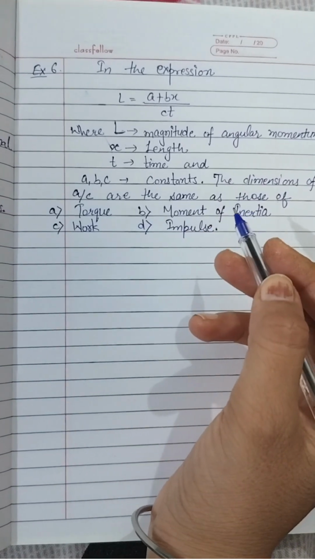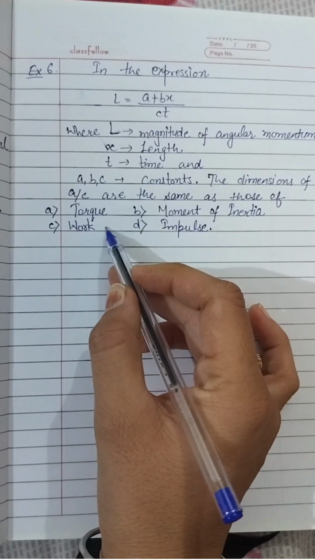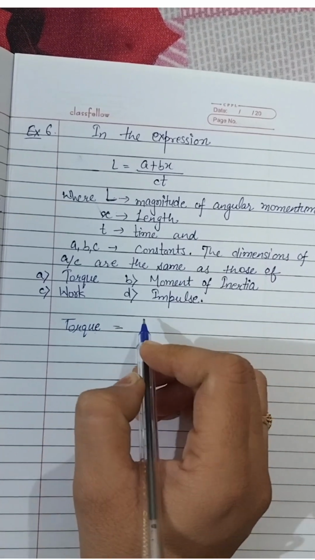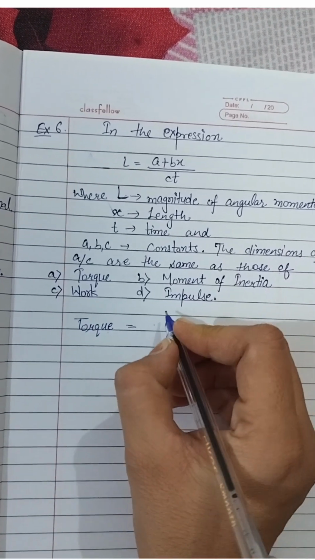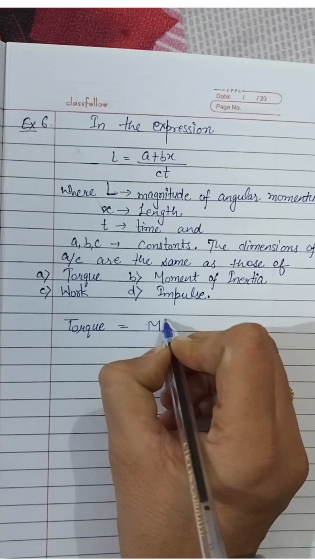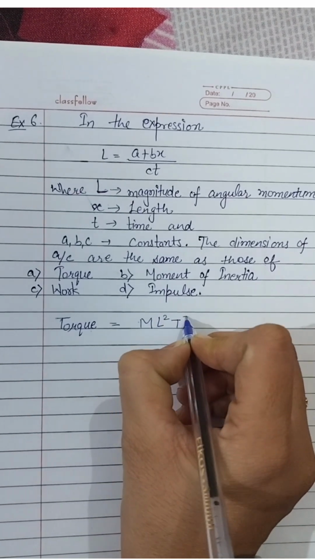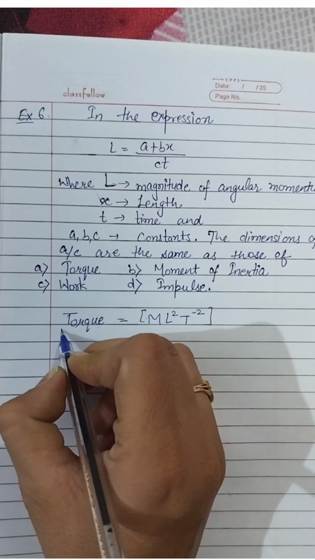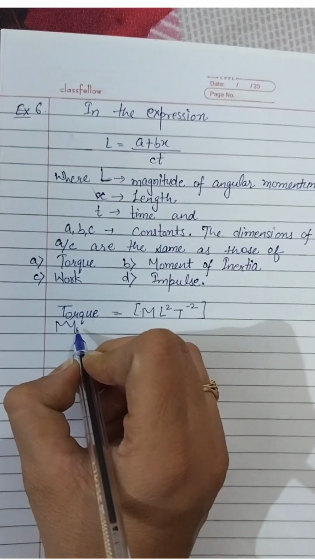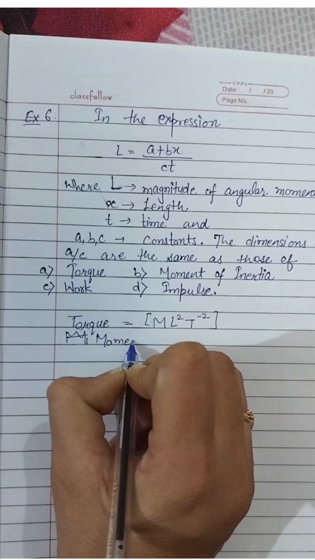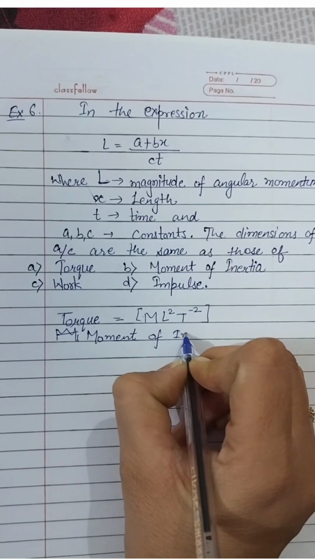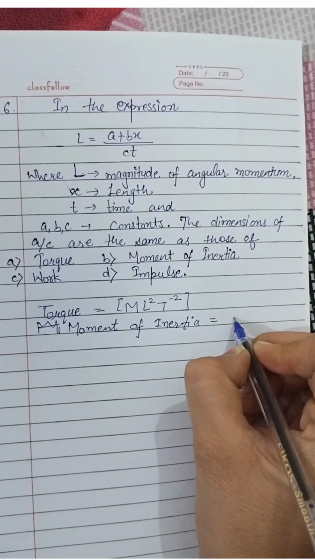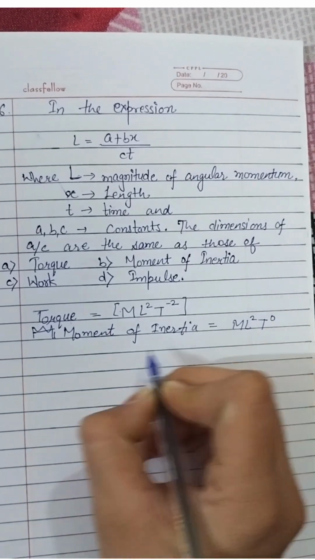The dimension of torque is M1 L2 T minus 2. Moment of inertia is M L2 T0.